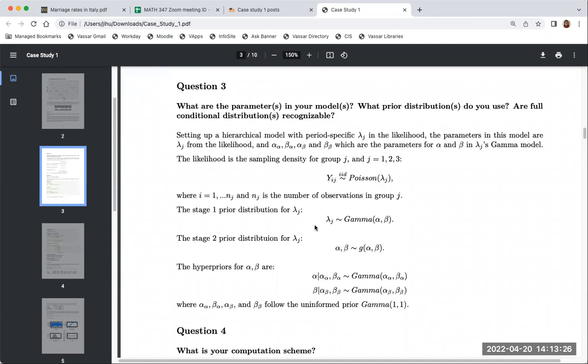I agree, it has mean 1 and standard deviation 1 as well, so it might not be the best choice in many applications. But nevertheless, most of the time it's quite weakly informative. So if you don't know much about what you want to use, this could be a good one to start.